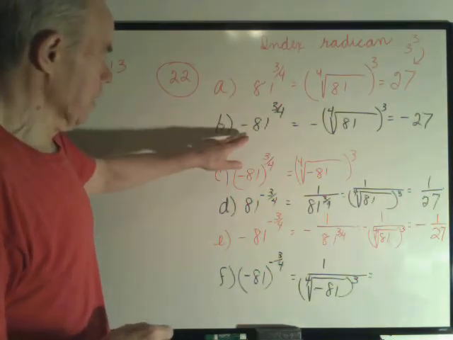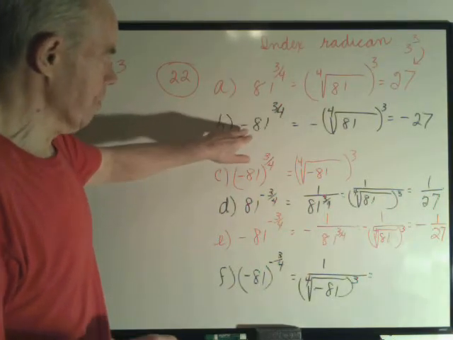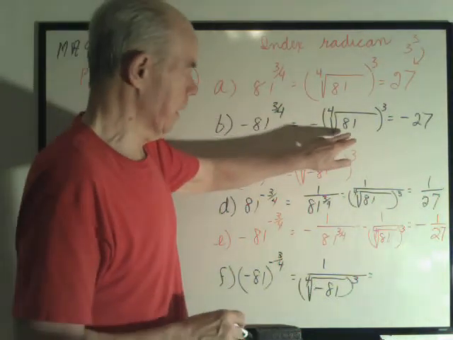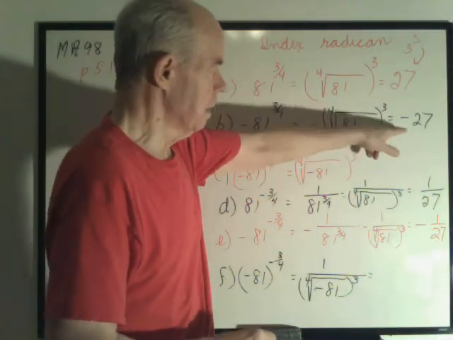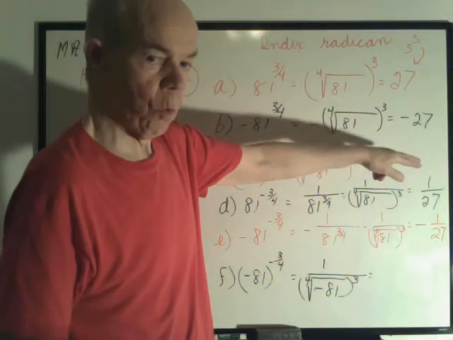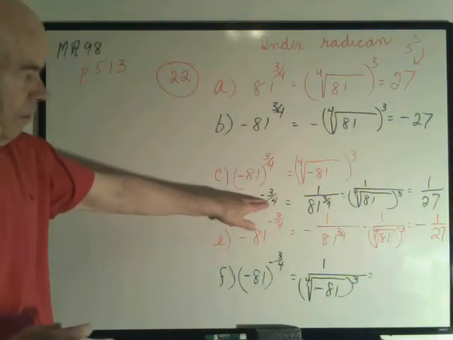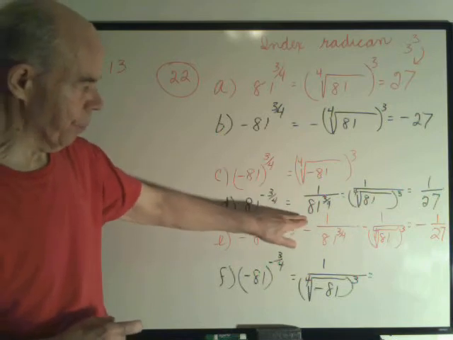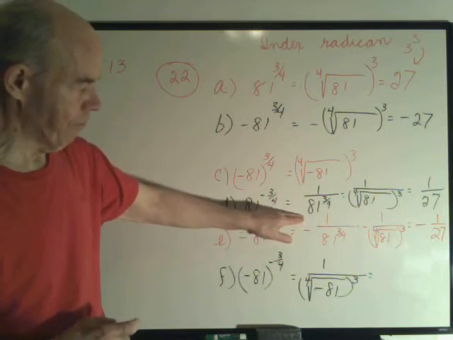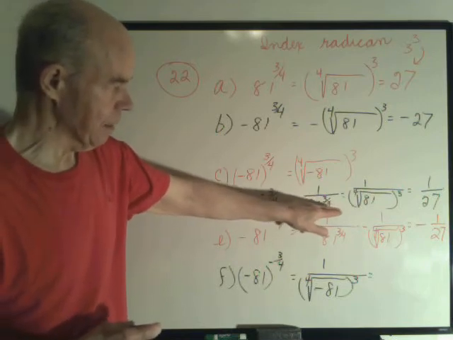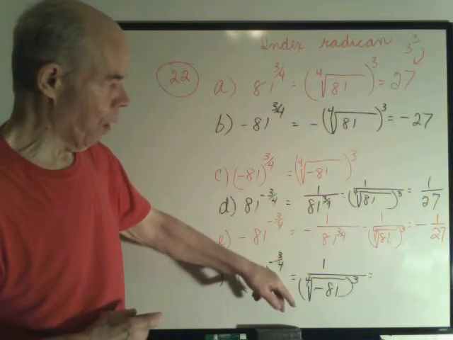All right, let's take a look at number B. The exponent doesn't apply to the negative sign. You rewrite it this way, you're going to get 27 and carry over the negative sign. So down here, remember, a negative exponent tells me to put it in the denominator. I rewrite it with the radical sign. The index will be 4.